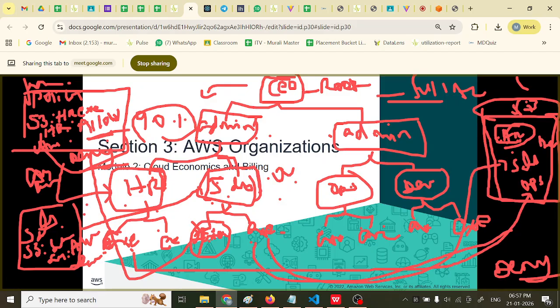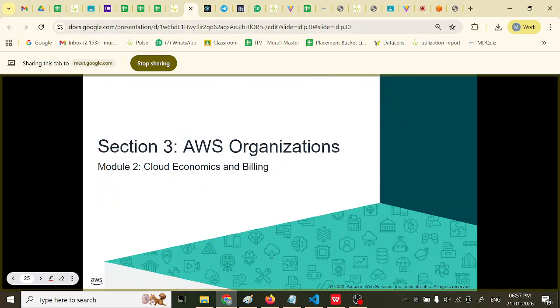Each member account can be attached with multiple policies. Multiple means unlimited policies. We can create unlimited policies.